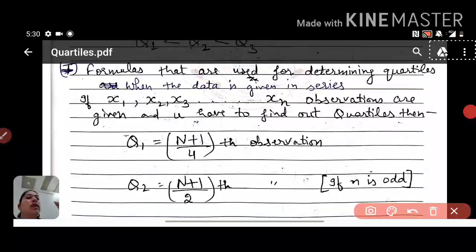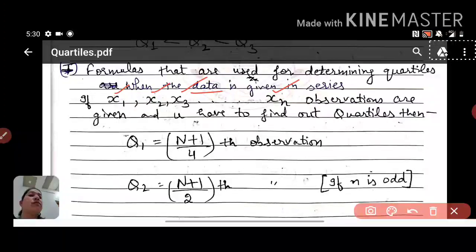If you have a series of observations, or some kind of data like x1, x2, x3 up to xn, and you want to determine quartiles, that is quartile 1, quartile 2, quartile 3, then you can determine them by using these formulas.